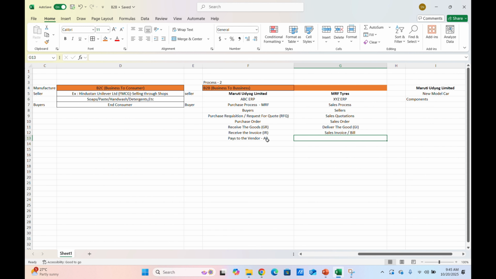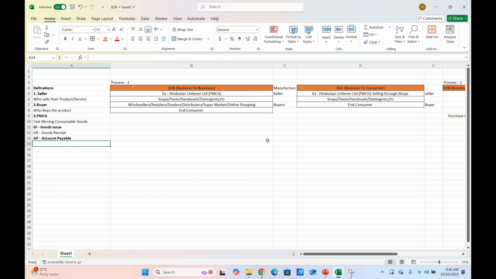After they pay, MRF Tyres is going to receive the payment from their account receivable. AR is nothing but account receivable.